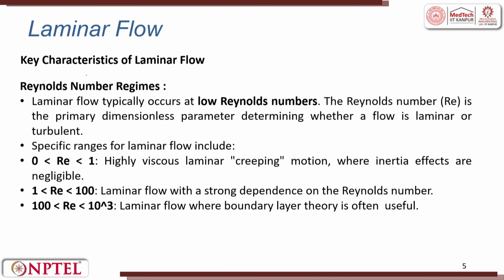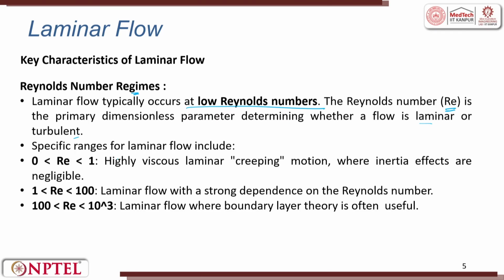The key characteristic of laminar flow is the Reynolds number regime. The laminar flow typically occurs at low Reynolds number. The Reynolds number, represented as Re, is the primary dimensionless parameter determining whether a flow is laminar or turbulent.